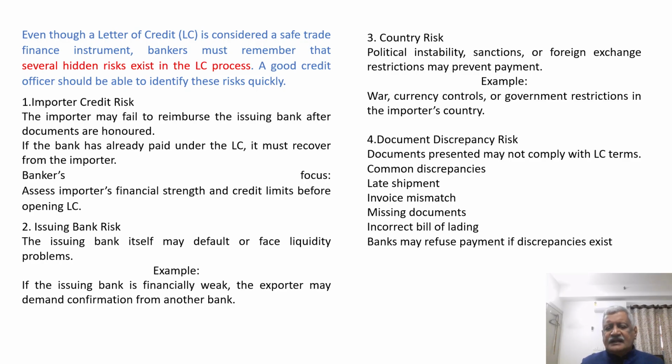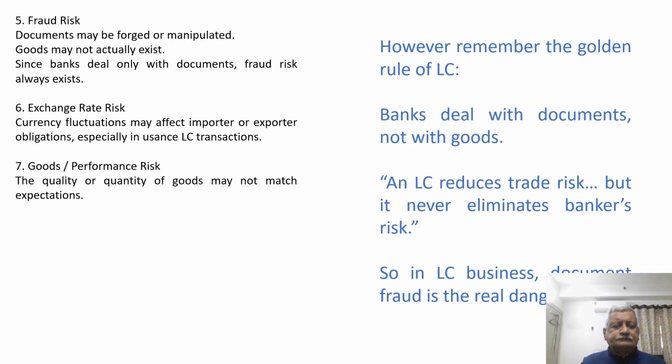Example, war, currency controls, or government restrictions in the importer's country. 4. Document discrepancy risk. Documents presented may not comply with the LC terms. Common discrepancies are late shipment, invoice mismatch, missing document, incorrect bill of lading. Banks may refuse payment if discrepancies exist.